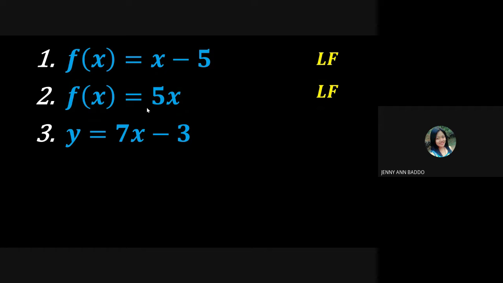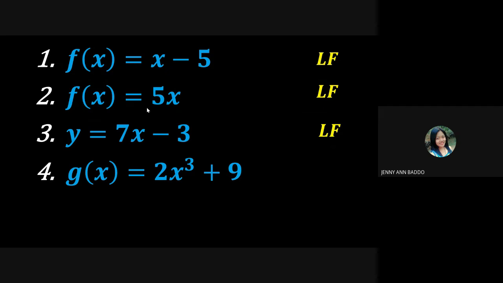So we have a slope and y-intercept, which are 7 and negative 3 respectively. So it's a linear function. We can also have here 7x minus y equals 5. Take note still, you can rewrite it to the form y equals mx plus b.